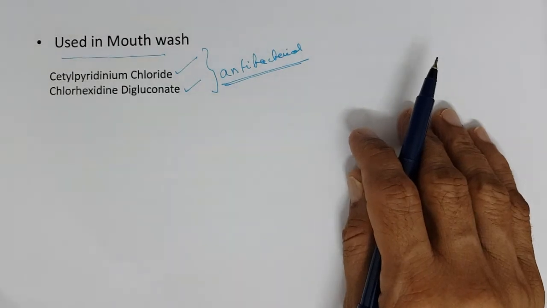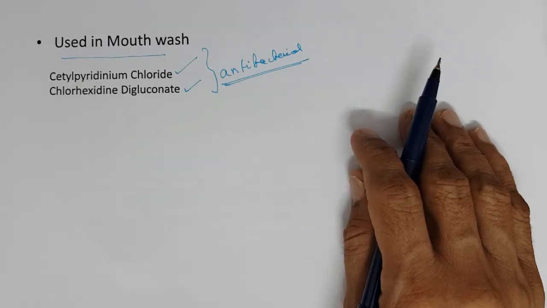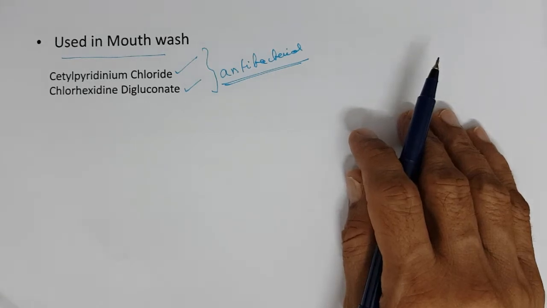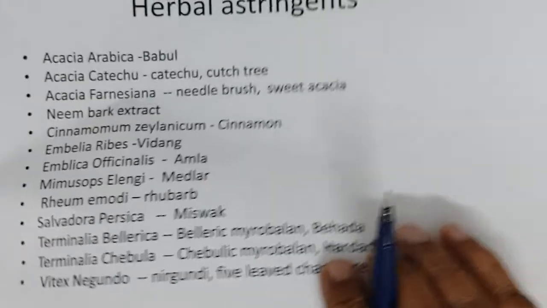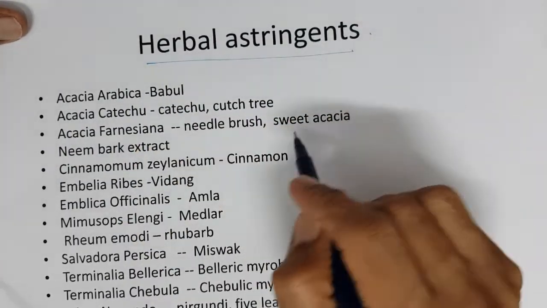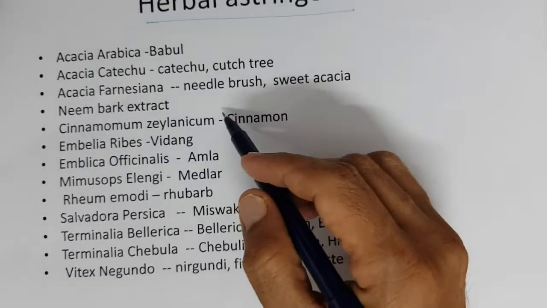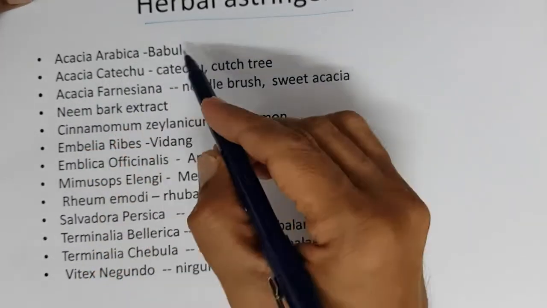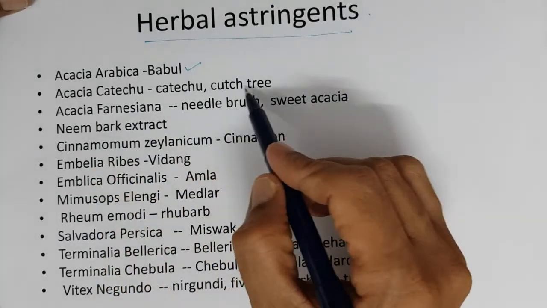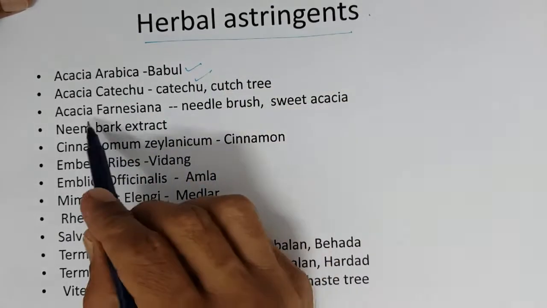Now we can go and see what are the herbal ingredients that can be used in oral care, right? There are potent herbal ingredients that can be used in oral care. Herbal astringents: Acacia arabica, babul, no, Acacia catechu, right?